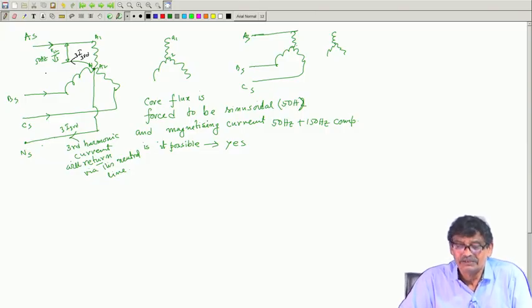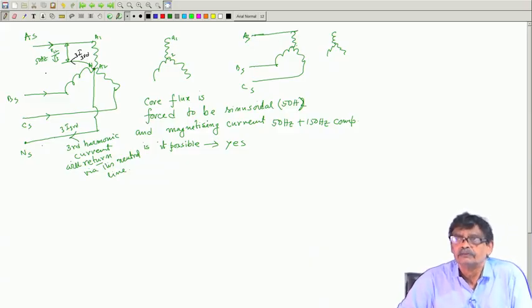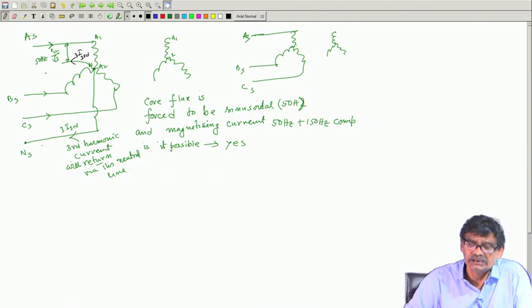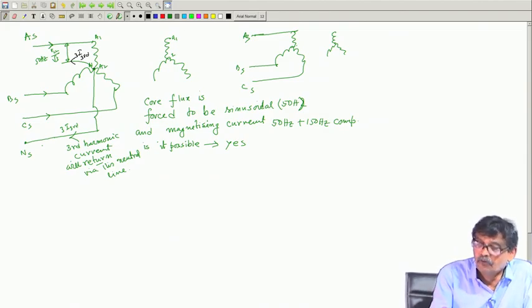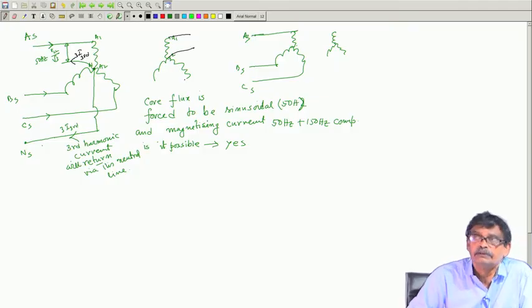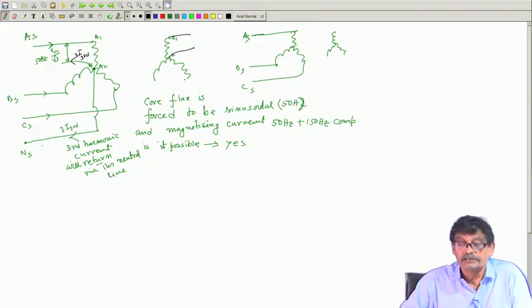And the disadvantage of this method is that it may interfere with nearby communication circuits. It is not a good solution, but nonetheless it will force the phase voltage to be 50 hertz as well as line to line voltage 50 hertz, that is what we desire so far as load is concerned.